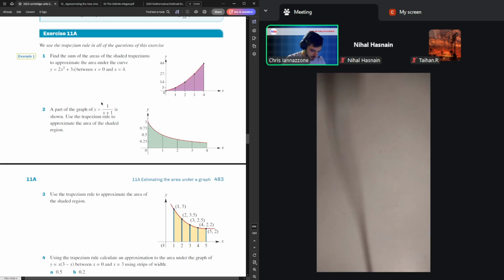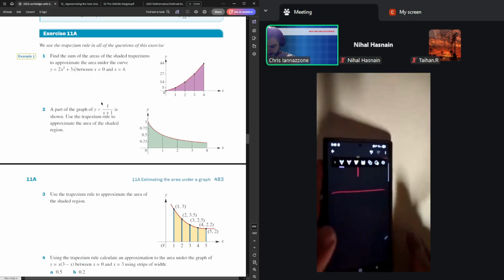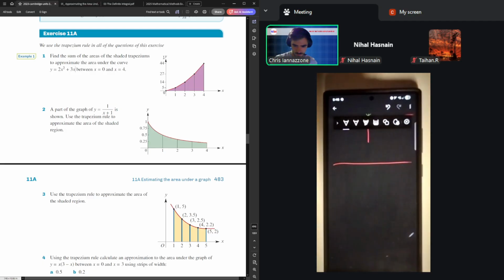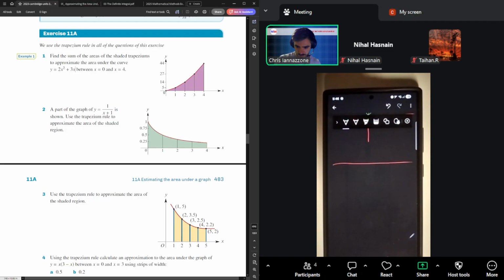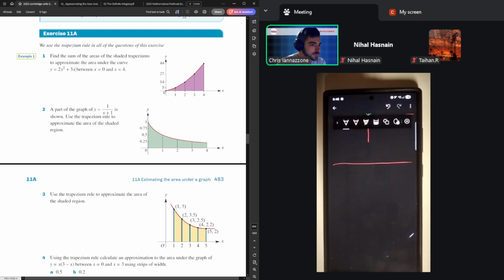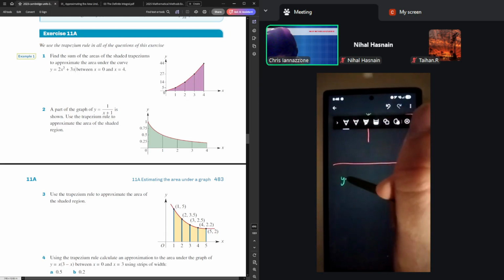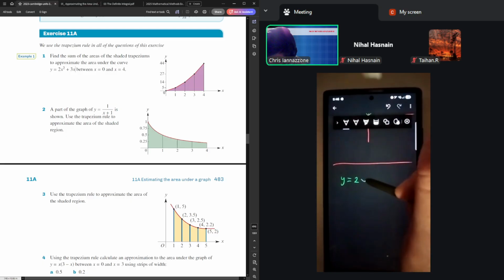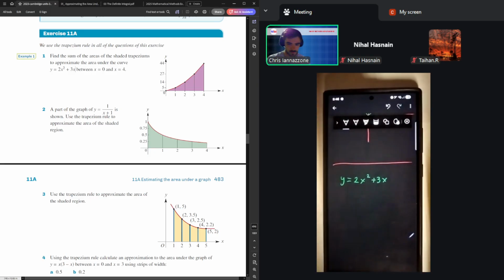In the meantime, have a think about how we're going to do it. Again, either using that formula or adding up all the trapeziums. I've got our function written down as well, and we're doing it from 0 to 4.